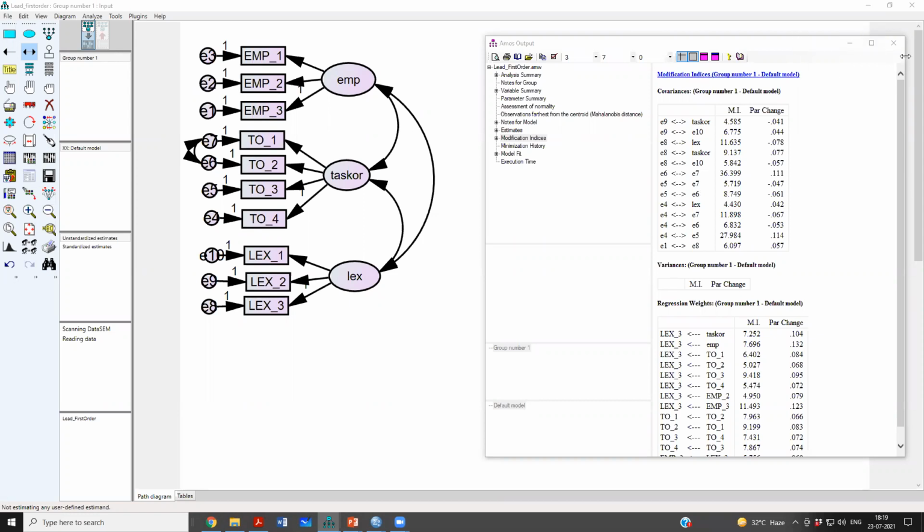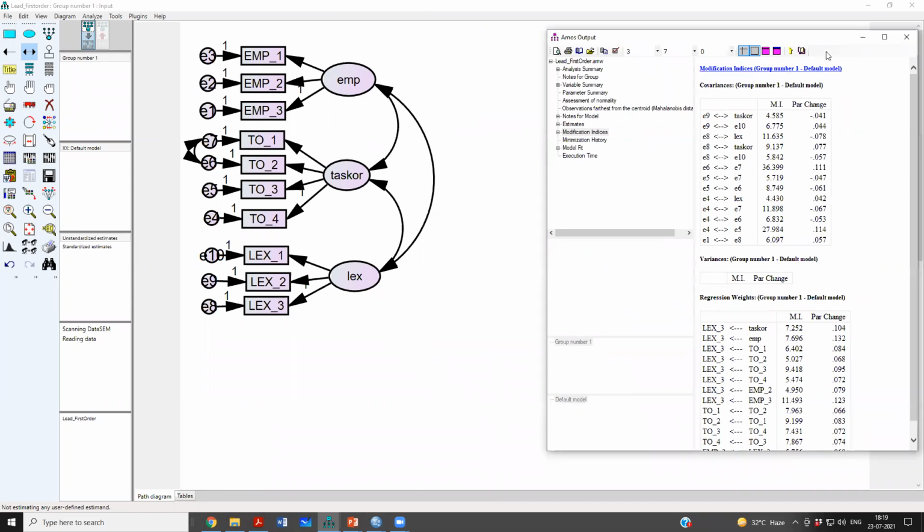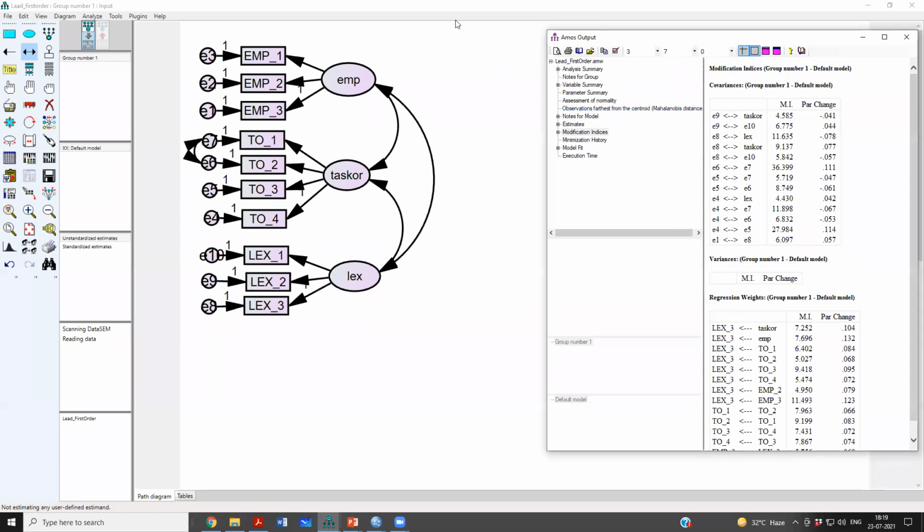Yes, the questions would be similar, but here we are talking about the errors associated with the items. Okay, so the measurement errors associated with the items co-vary with each other.